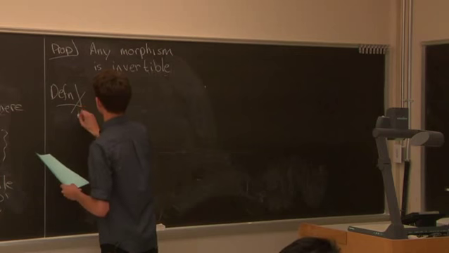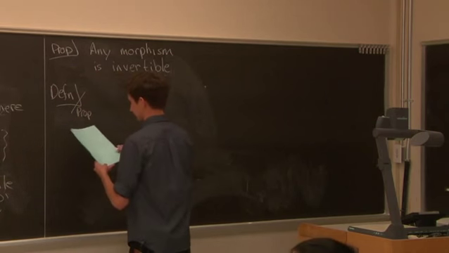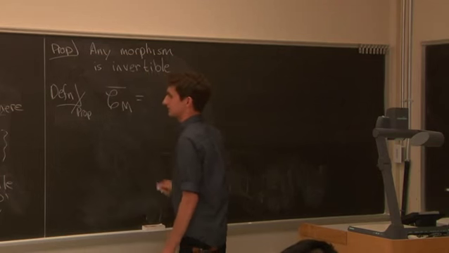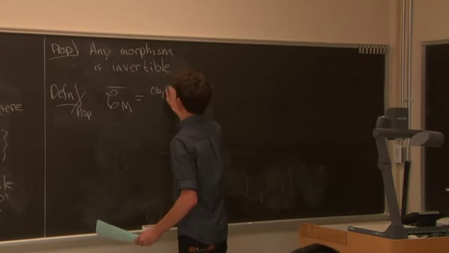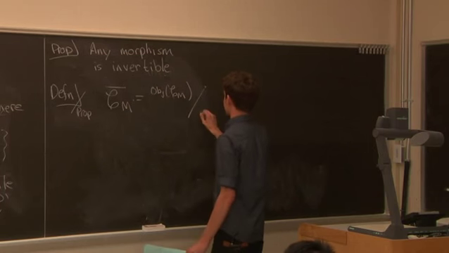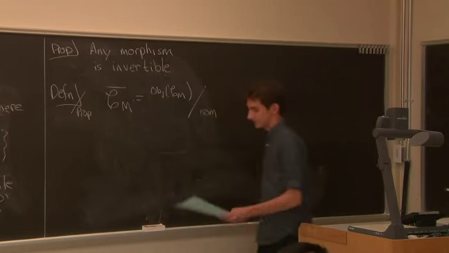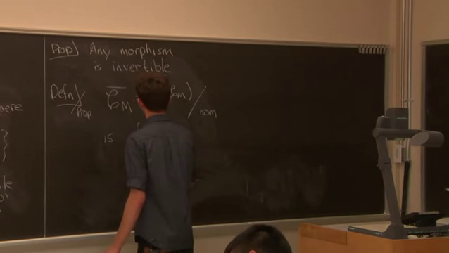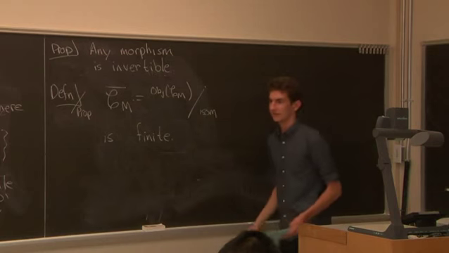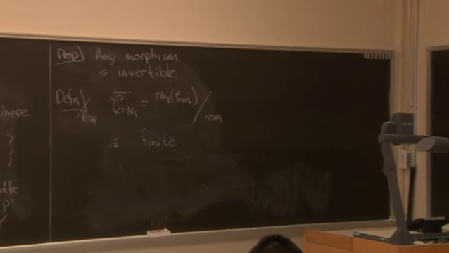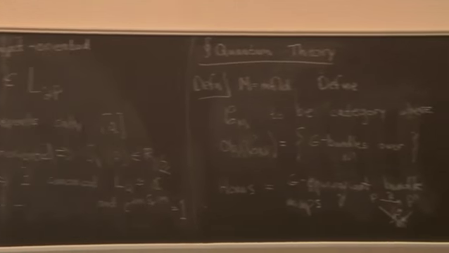And then the definition or proposition is that if we look at the set of equivalence classes of objects in here, so objects of this category up to isomorphism in the category, this is a finite set. It's classified by homs from pi1 into the group, and since pi1 is finitely generated for manifolds, this is finite.